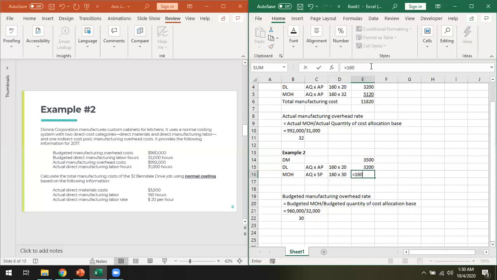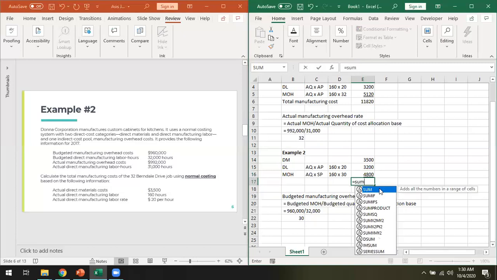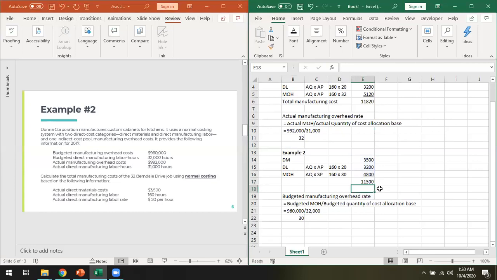And then we get, there's a typo. This should be $4,800. So the total manufacturing cost will be the sum of this number. Total manufacturing cost or $11,500. Okay, so that's how we calculate the total manufacturing cost using actual costing and normal costing.